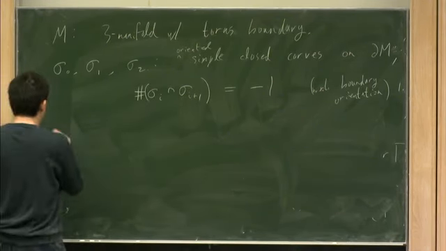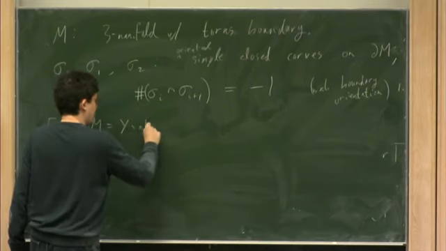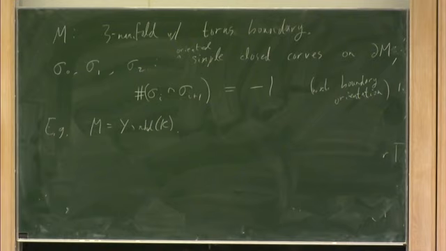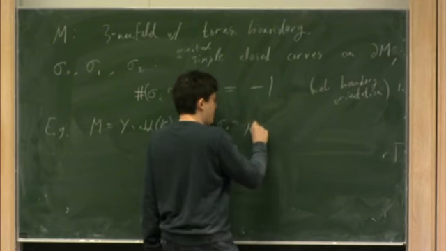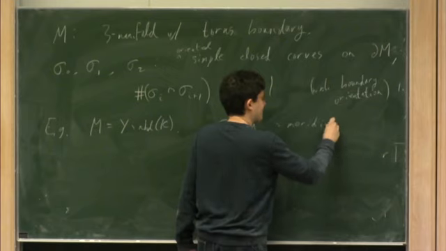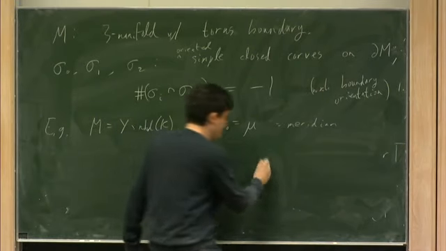Let's suppose that we have Y minus the neighborhood of K. So let's let sigma 0 be the meridian. Okay, let's see if we can sort out the orientation conventions.